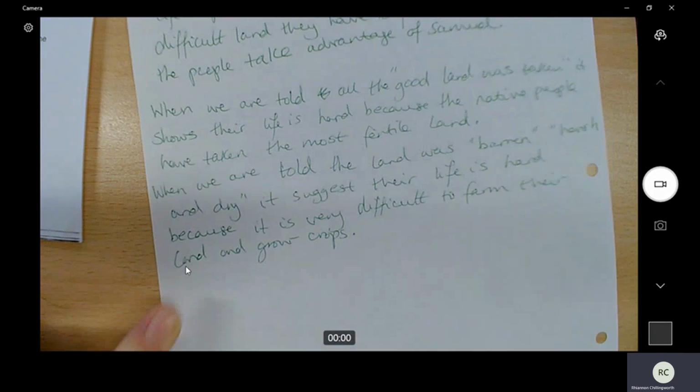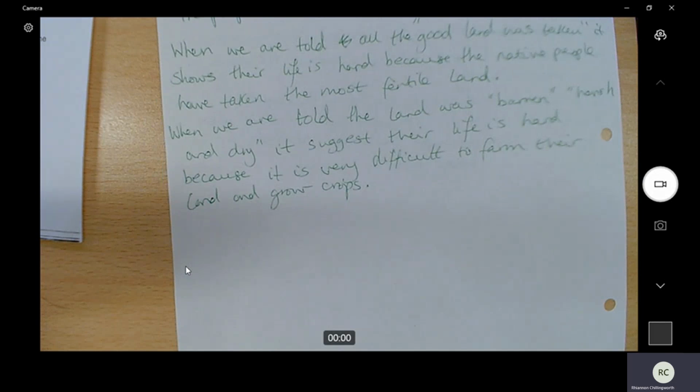Which again, no popping down to Jemson's or Tesco's in those days. If you couldn't farm it or buy it, then you didn't eat.